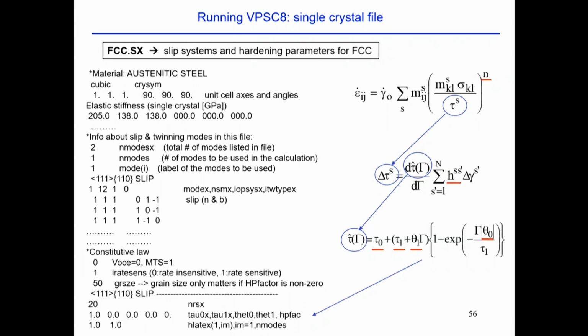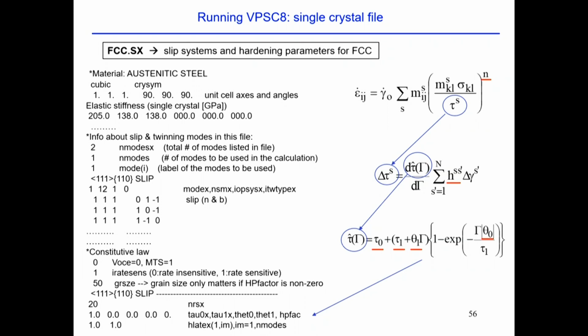I think I have already discussed this, but now how do these hardening parameters enter into the single crystal file? Okay, this file is called FCCSX. So the single crystal files have a declaration here, which is only for reminders. It has a declaration that is read, that tells what is the symmetry of the crystal.